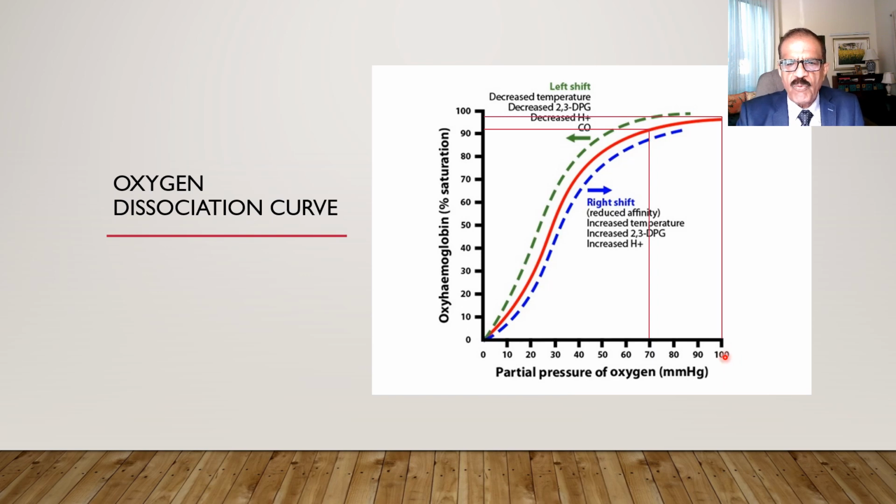It has come down from 100 to 70 millimeters of mercury, which is a significant drop, but oxygen saturation has come down only from 100 to 92 or 93, right?